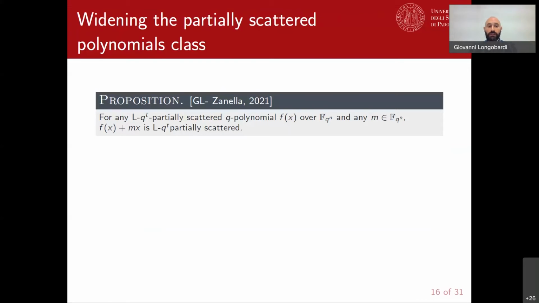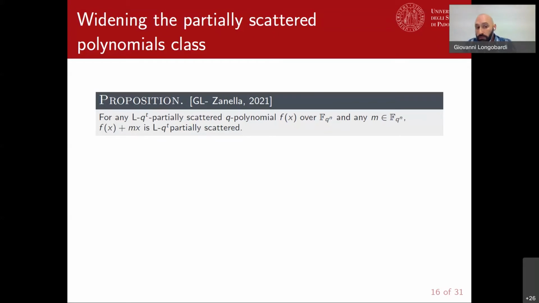So, for example, this proposition is very trivial to show: when we have a scattered polynomial, as many of you know, the sum of a scattered polynomial and a monomial of the type m times x is still scattered. This property holds also for L, q^t partially scattered.